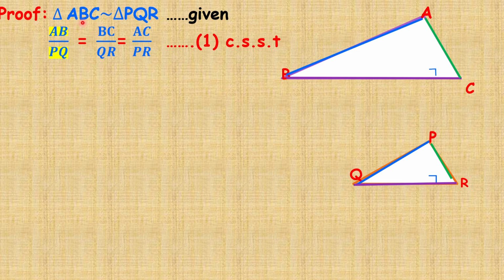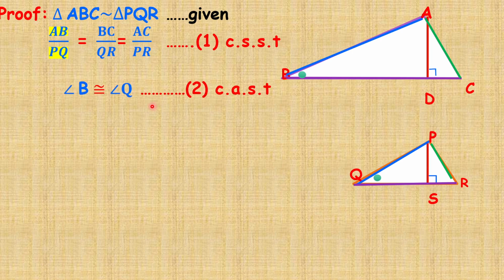Also, we know that if these two triangles are similar, then their corresponding angles are congruent. Therefore, angle B is congruent to angle Q. This is statement 2, corresponding angles of similar triangles.